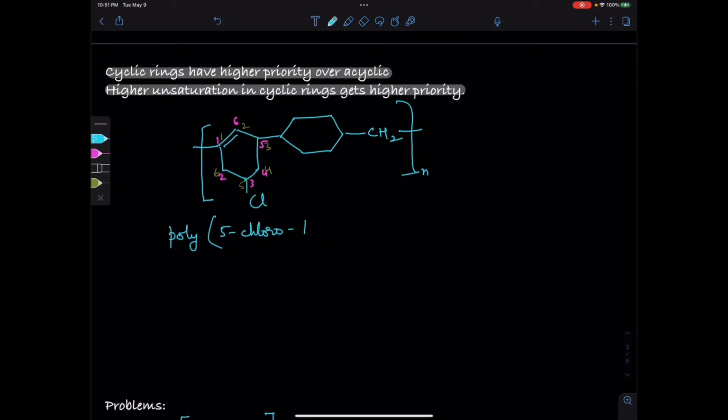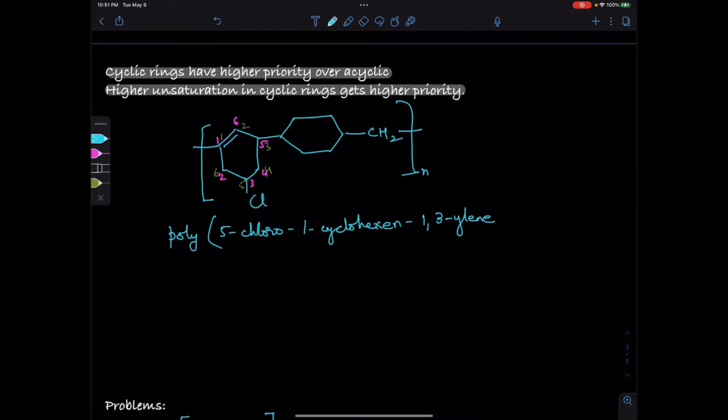1 cyclohexene, because this is a cyclohexene ring with its unsaturation at 1, dash 1,3-ylene.